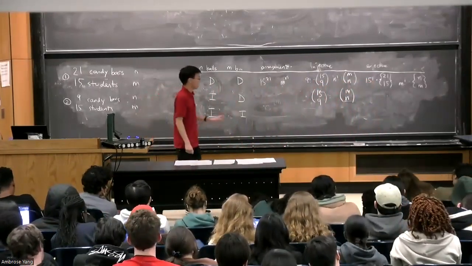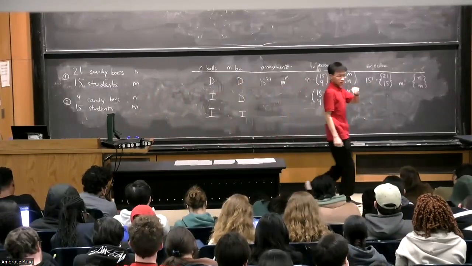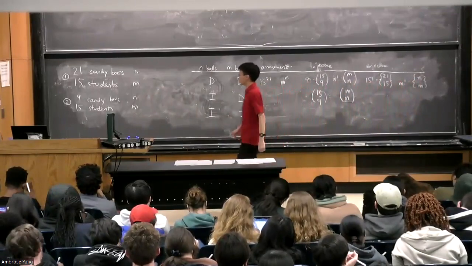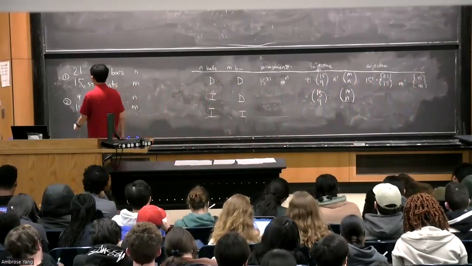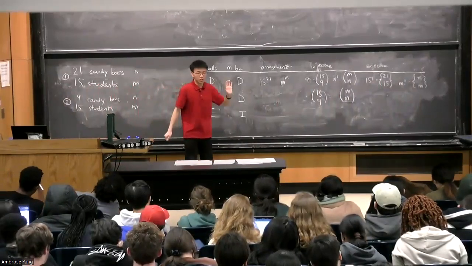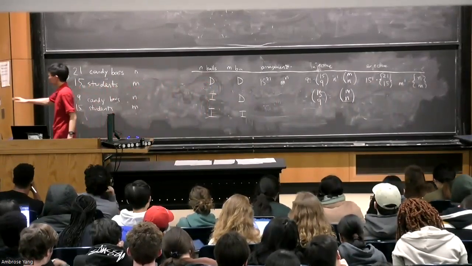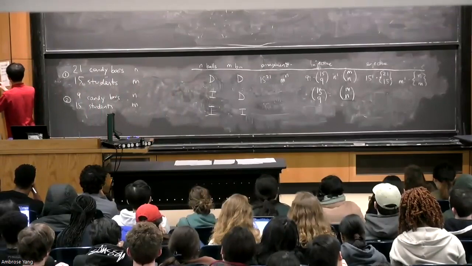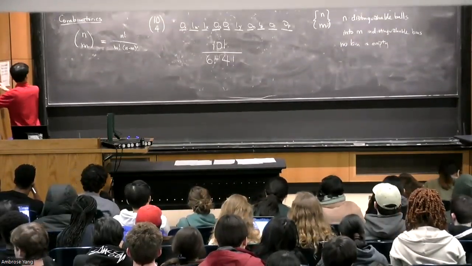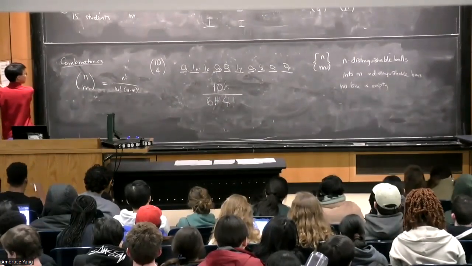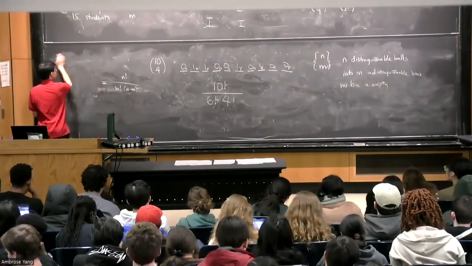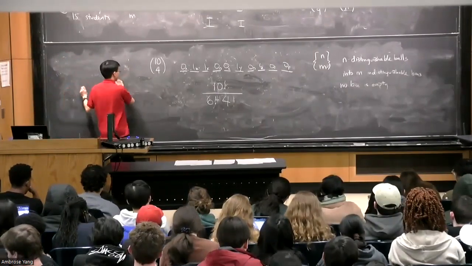All right, now let's talk about balls and bins. Here I'm going to use scenario 1. I have 21 candy bars and 15 students. I'm going to do an aside here to talk about balls and bins, because I think it's difficult a lot of times.